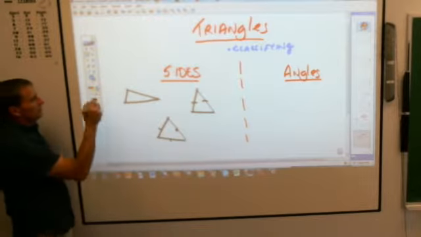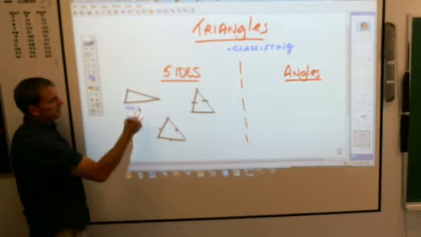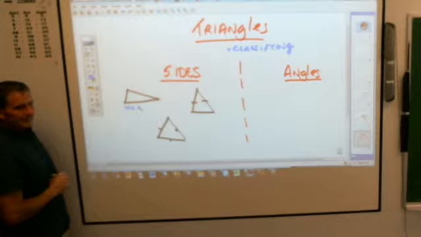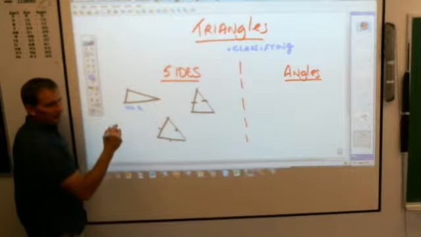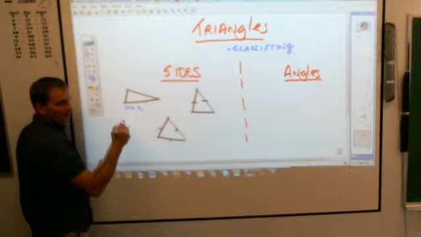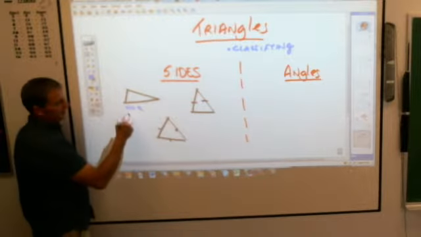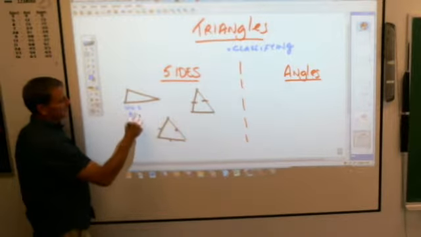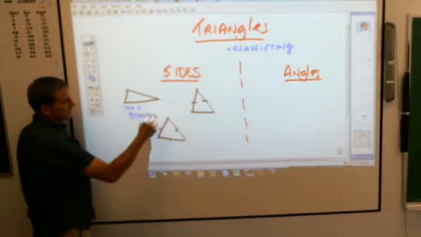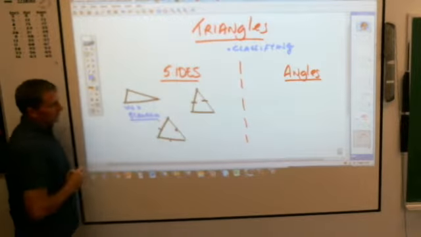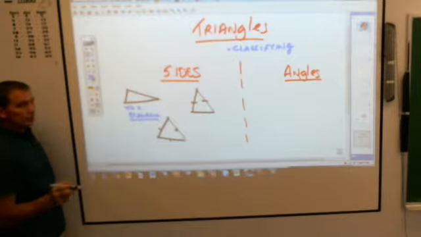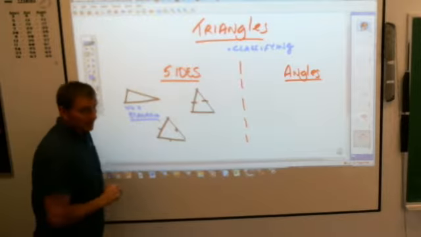If it has no equal sides, it is called, Danny, what is a no equal side triangle? Charles? No, scalene. It is scalene. I was just checking to see if you maybe had it last year, Danny. I wouldn't expect you to know that right off the bat. A scalene triangle has no equal sides. Two equal sides, Chloe?